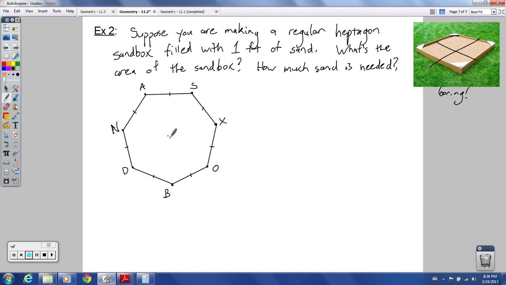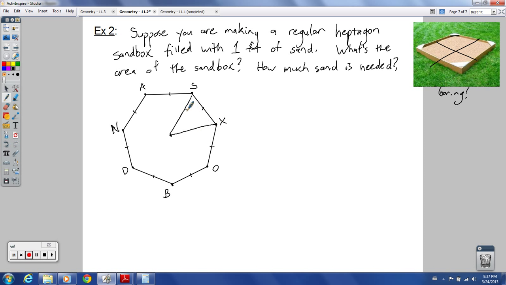And then I want you to draw in where the center of that regular heptagon would be. Move that up just a skosh. I think it's pretty much in the same spot, but now we're drawing in one of the triangles.